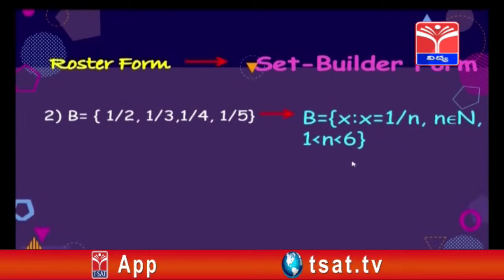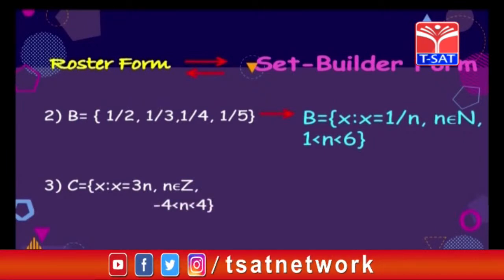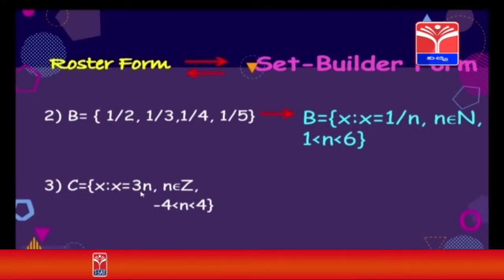If I have to convert from set builder form to roster form, that is, I am given a set C of all x such that x is equal to 3n, and n belongs to integers and n is greater than minus 4 but less than 4.